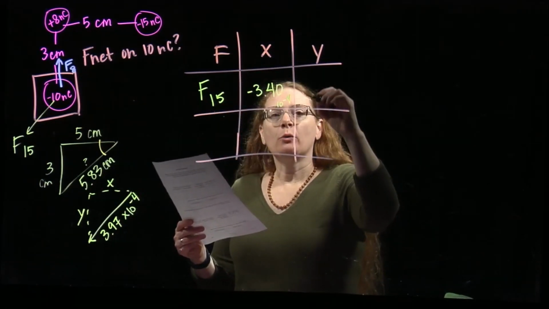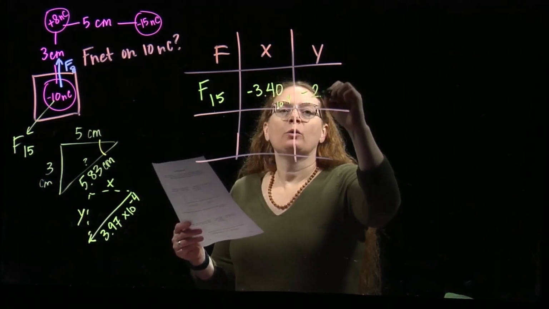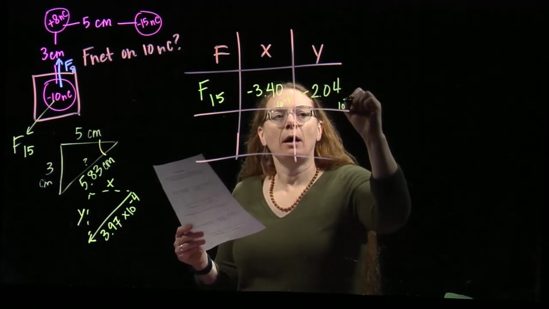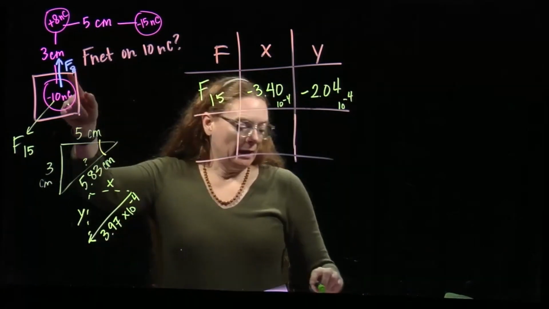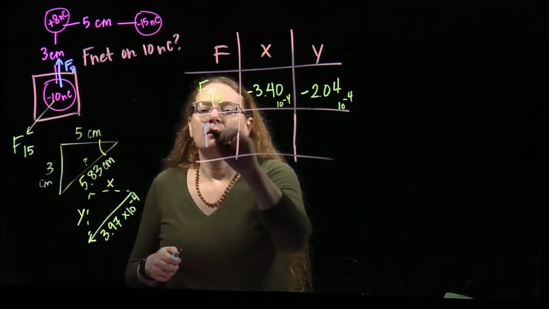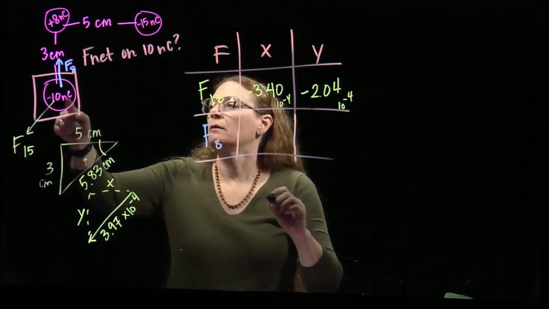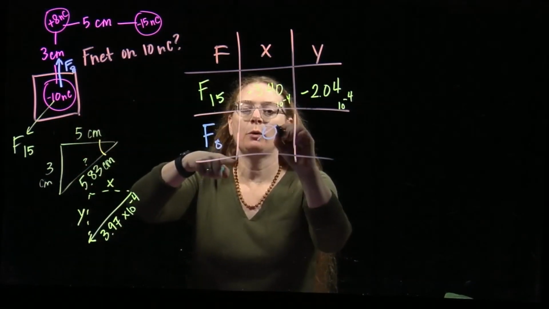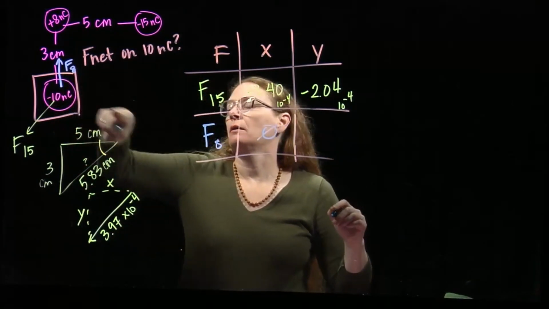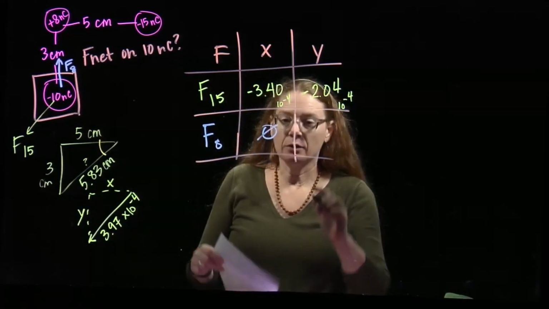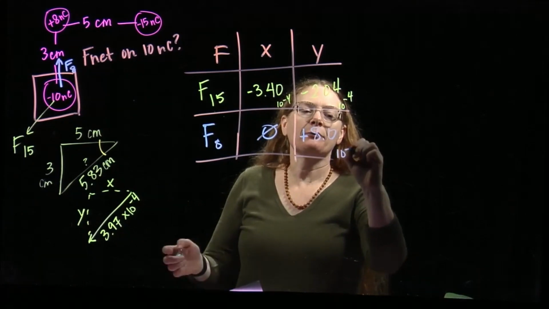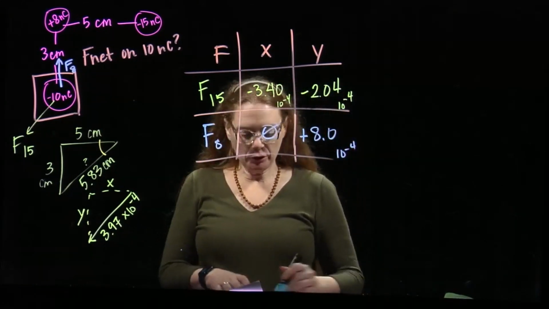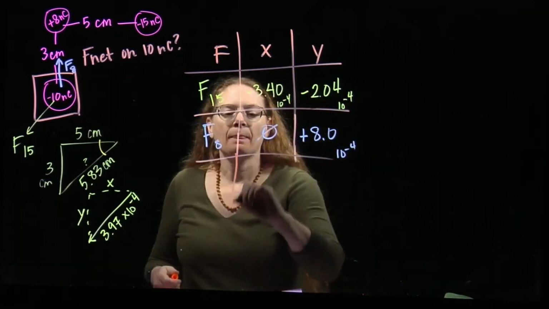And my y component is negative 2.04 times 10 to the minus 4. The F8, the force of the 8 acting on the 10, there is no left-right component, and it is all in the upward direction, so it's a positive 8.0 times 10 to the minus 4. Okay, good. Let's figure out what the sum is.